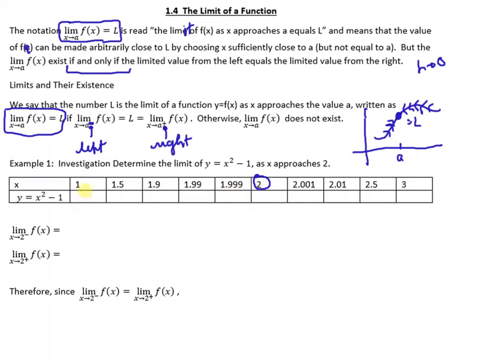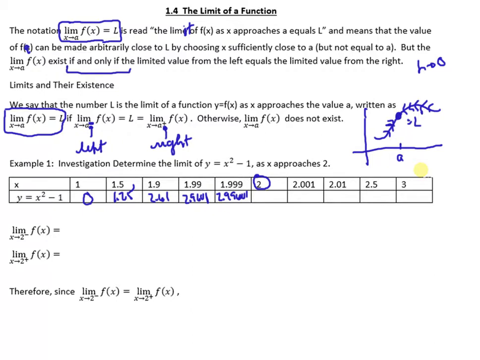Let's sub in 1 to x squared minus 1. 1 squared minus 1, I get 0. 1.5 squared minus 1, I get 1.25. 1.9 squared minus 1, I get 2.61. 1.99 squared minus 1, I get 2.9601. 1.999 squared minus 1, I get 2.996001.